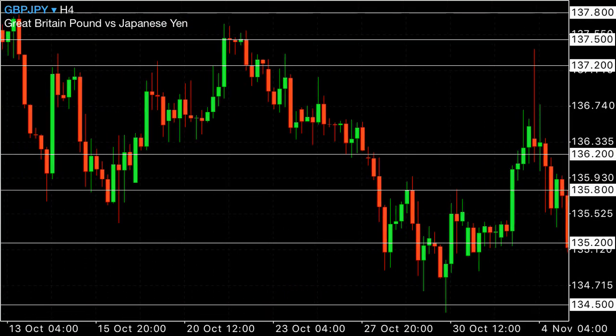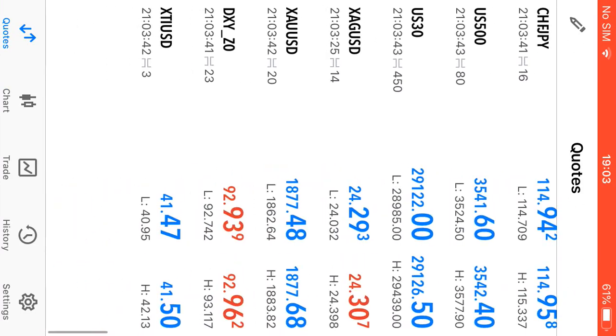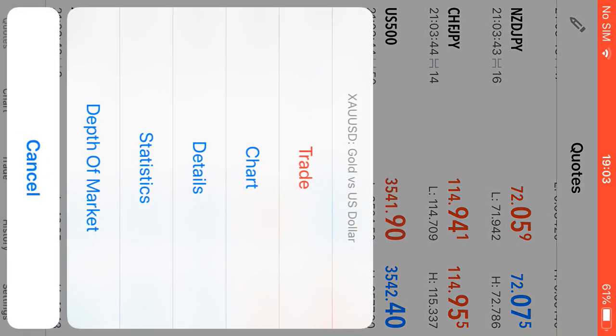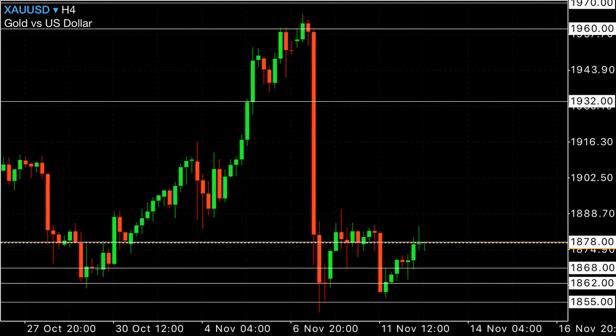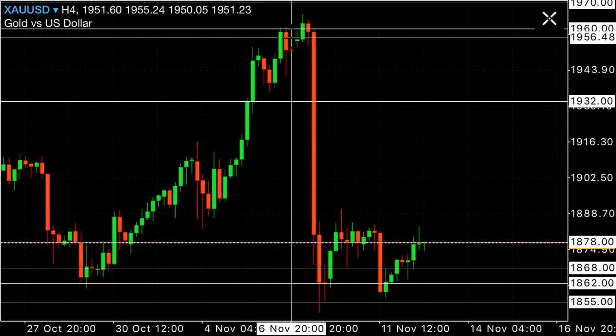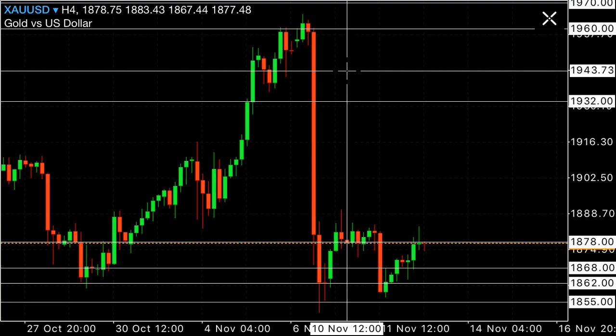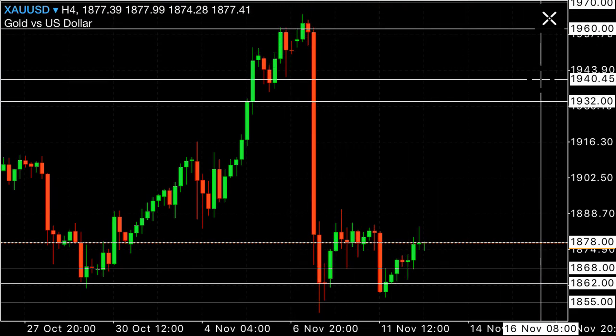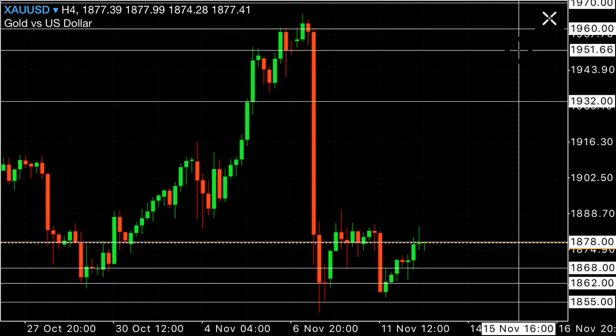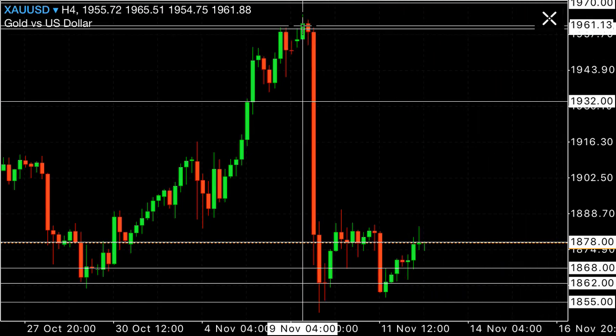So let's finish off with gold. Gold is a bit different because you've got the decimal point in a different area, but you can also see what I mean. It doesn't really work as well with gold because it's a volatile pair. It works best with forex pairs, but you can see what I mean. We've got 60 up here, so the last three digits are 000, that's a round number.